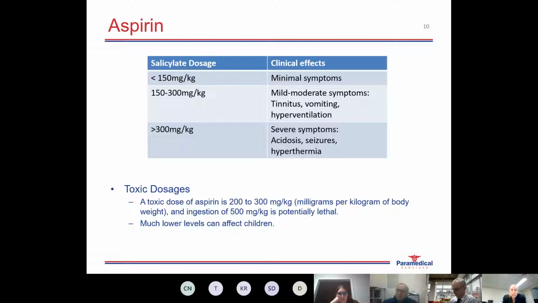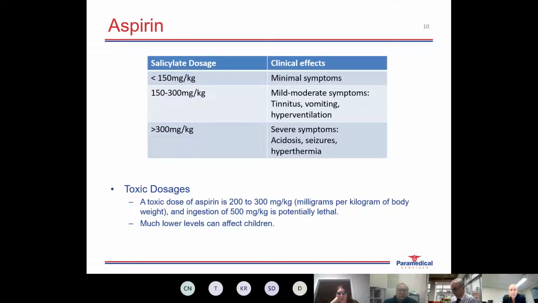Anywhere between 150 to 300 milligrams per kilo, we'll start seeing some mild to moderate symptoms, so tinnitus, vomiting, hyperventilation. When we start looking at over 300 milligrams per kilo, this is where we start seeing severe symptoms with this patient. And that could be acidosis, seizures, hypothermia.